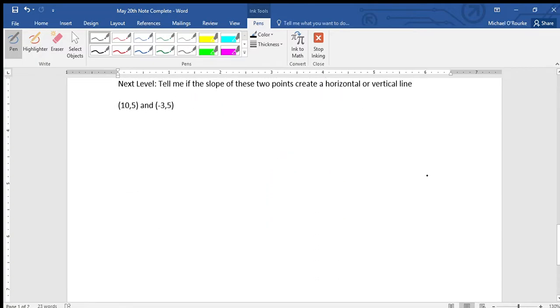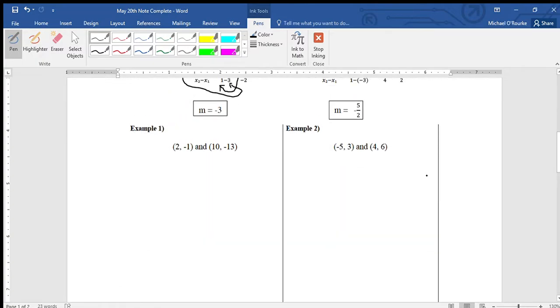I think I have just 3 examples to work through. So first thing I want to do is label my points. So I'm going to label this one x1, y1, x2, y2.